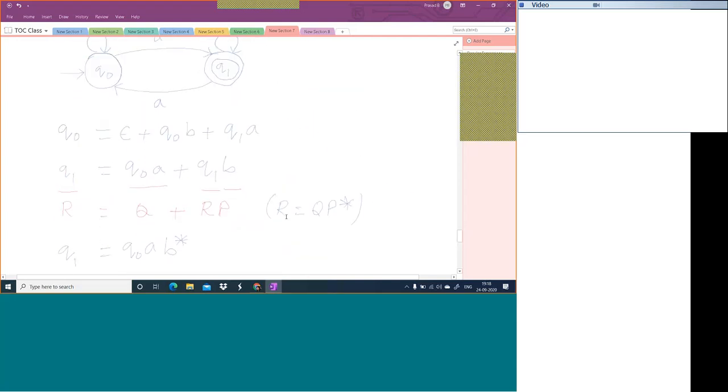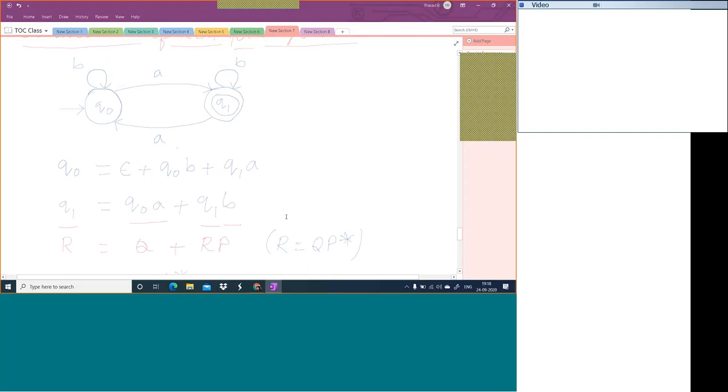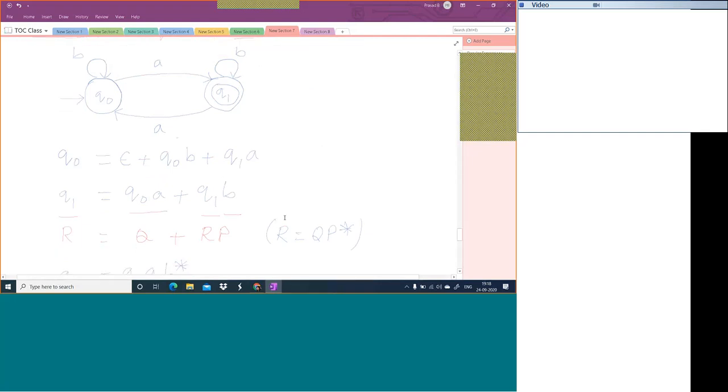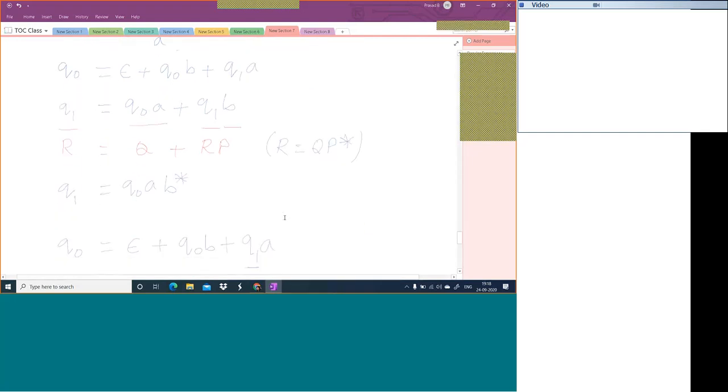Okay. Copy this one. Diagram already copied? Okay. So take this one.